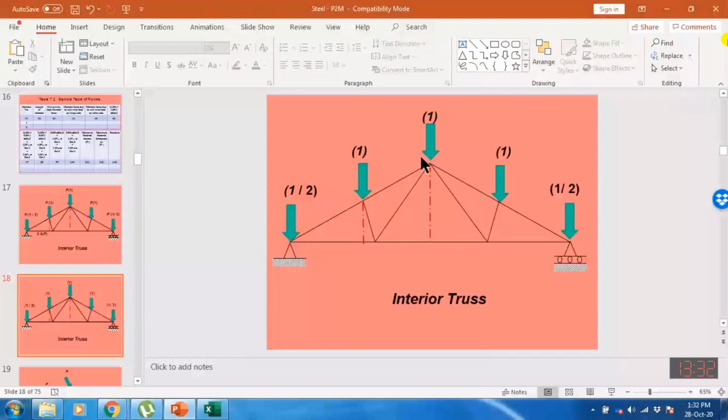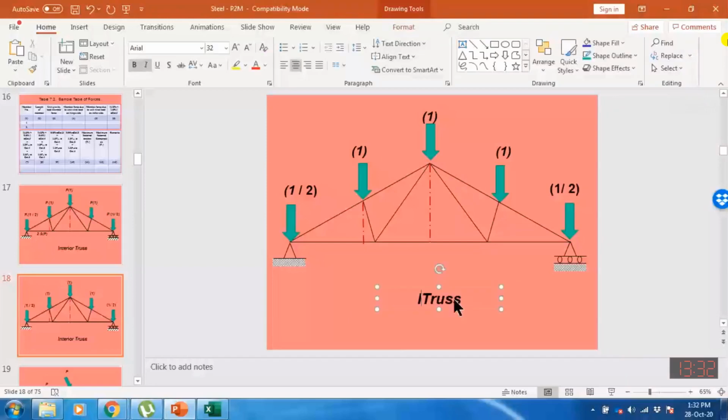So this will be your analysis 1: gravity load analysis for unit load.